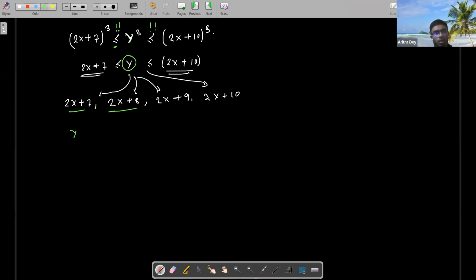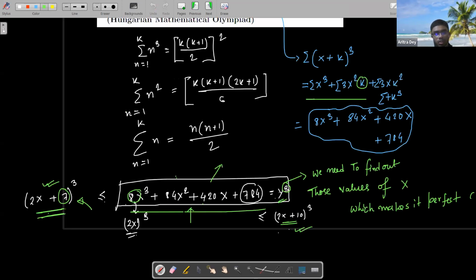So you can find the y cube, and simply if you equate it, you get a quadratic in x. Y can only take the values 2x plus 7, 2x plus 8, 2x plus 9, and 2x plus 10. I think the last two cases can be avoided because of the strictness of the inequality.